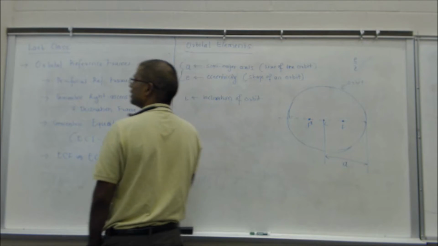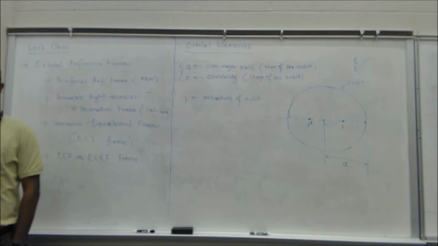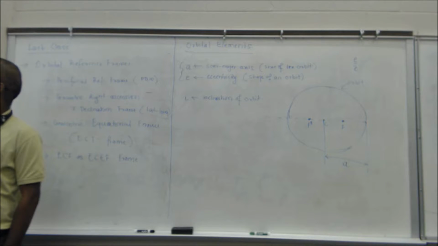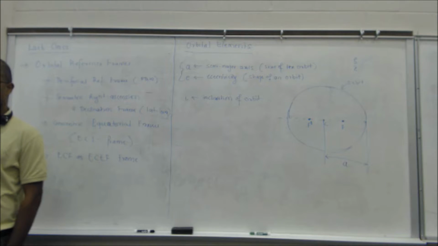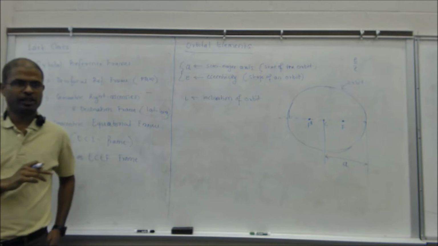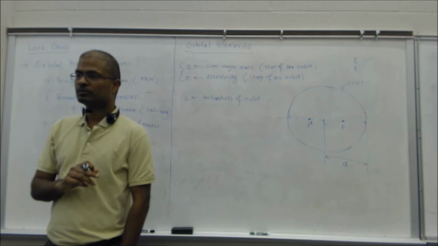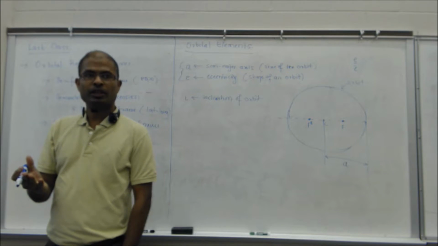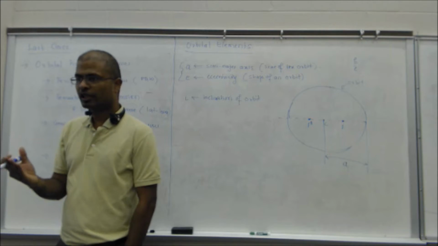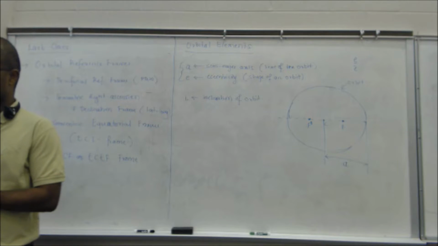Angle i defines the inclination of an orbit. It is the angle between the ecliptic plane and the orbital plane, or the angle between the perpendiculars which define these planes. You can either take the angle between two planes, or the angle between the perpendiculars, right?